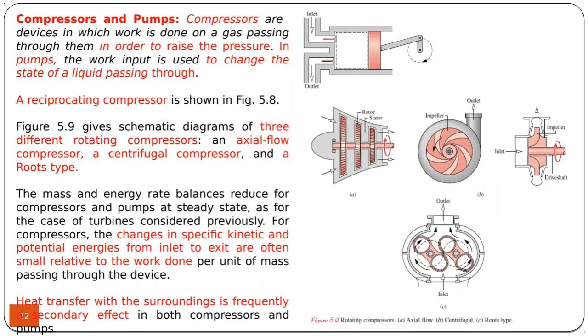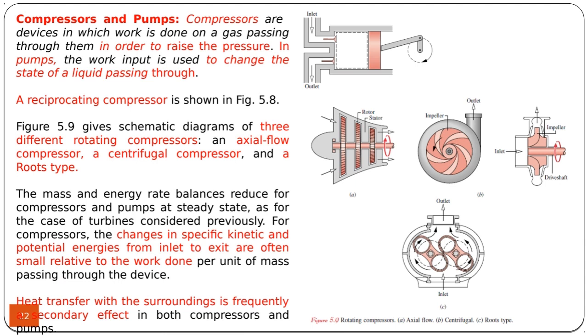Other single-stream devices can be compressors and pumps, whereas the turbine is used to obtain work by expanding a fluid. In compressors and pumps, fluid is pressurized. So the reason why we use a compressor or pump is to increase its pressure.